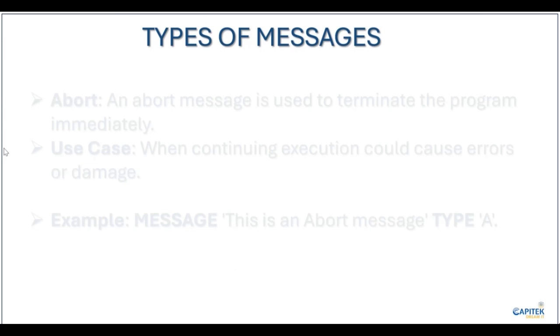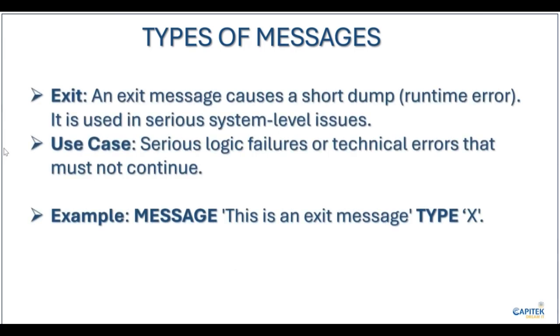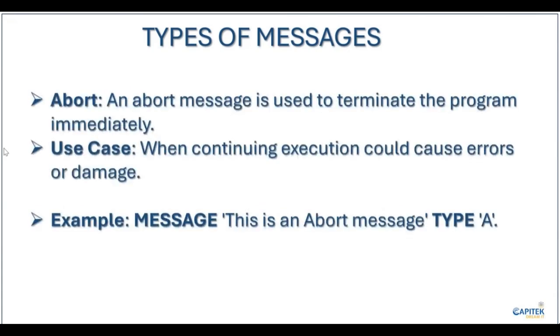The next thing is type A, which is generally for abort. This is used whenever the program is terminating immediately. But most of the times in the real-time environment, we will not come across this. Maybe it will be used at the time of errors occurring in the program.